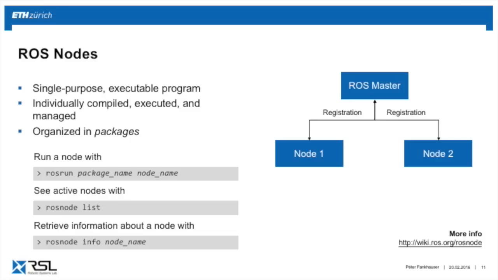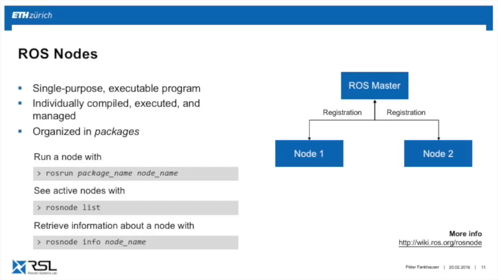These nodes are organized in packages. Whenever we mean a package name, it's essentially the name of the package, and in there you can have multiple nodes. You see here in the example, with the ROS master, each individual node needs to register with the master such that it enables the communication.